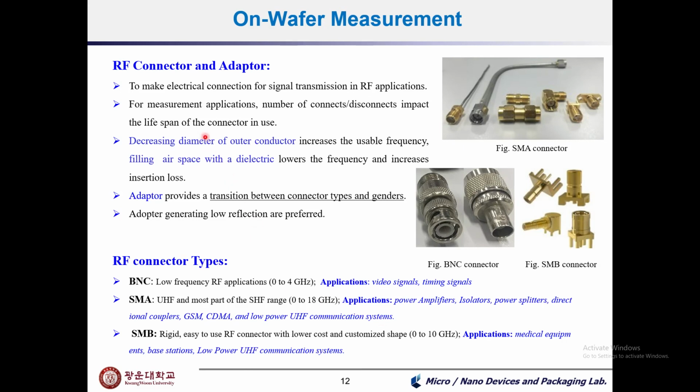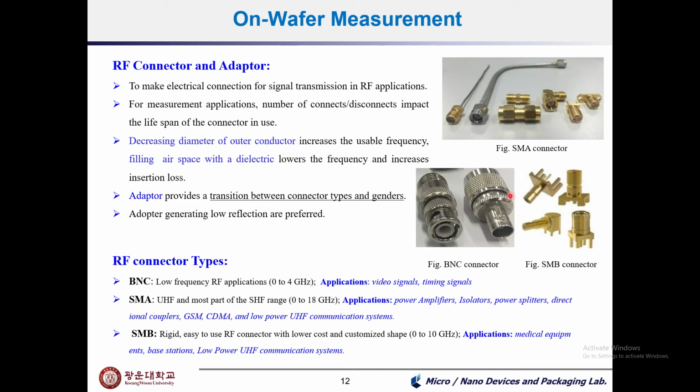The RF connectors and adapters are another important part of the RF measurement system. The main purpose of the RF connector is to make the electrical connection for signal transmission in RF applications. For measurement applications, the number of connects and disconnects impacts the lifespan of the connector in use.